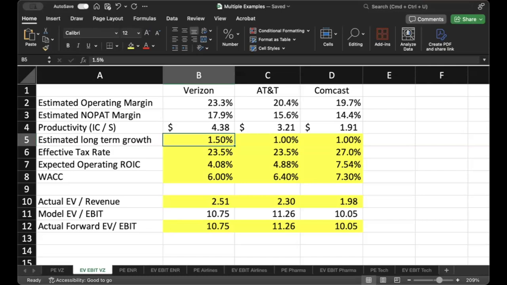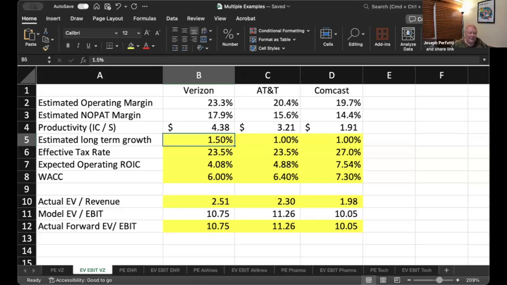And in terms of the spread, Comcast has a positive spread of 0.2, but they're only growing at 1%, while Verizon has a negative spread of about 2 and is growing at 1.5%. And then Comcast has the higher WACC. I was thinking that Comcast would actually be doing better, but maybe the tax rate hurts them more.